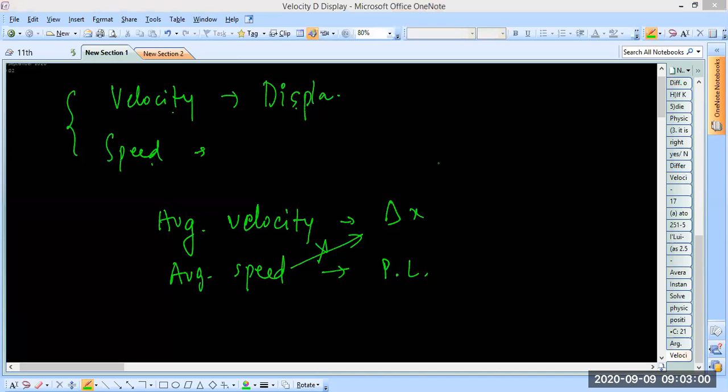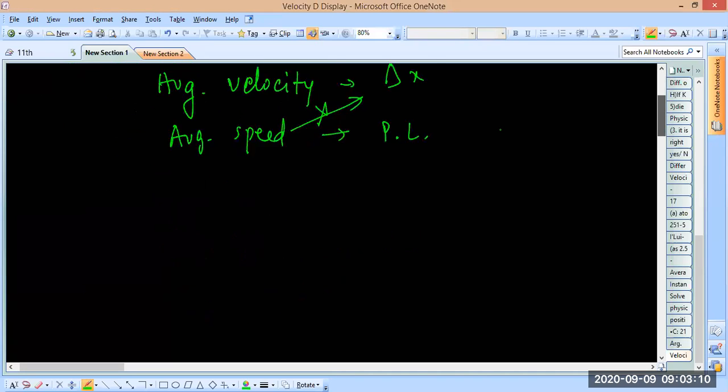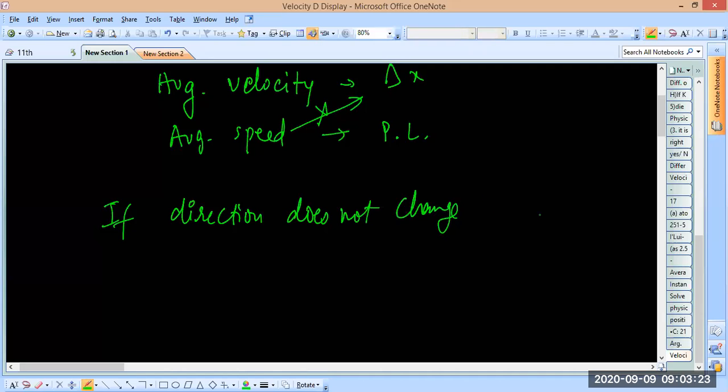But right now we are talking about slightly different things. At the moment we are talking about velocity and speed, and now this is where an important idea comes into the picture. Do you remember that if direction does not change, then path length is equal to magnitude of displacement.